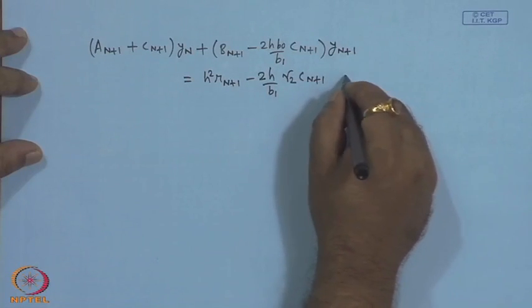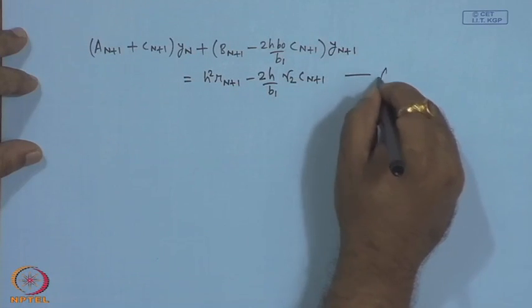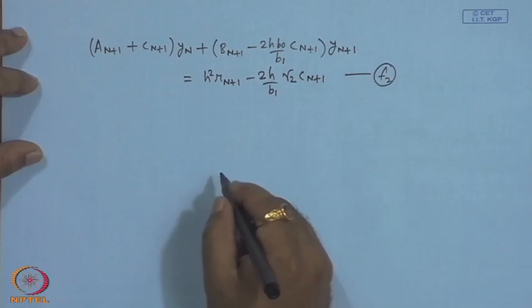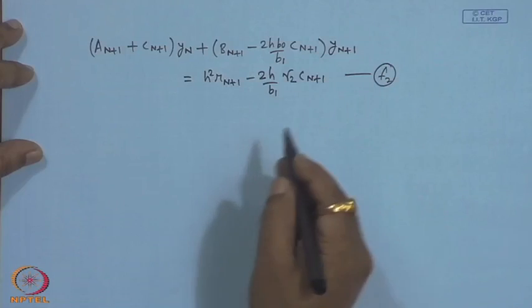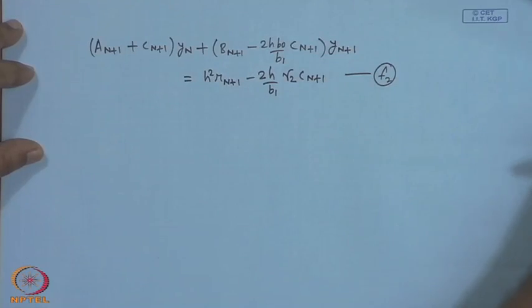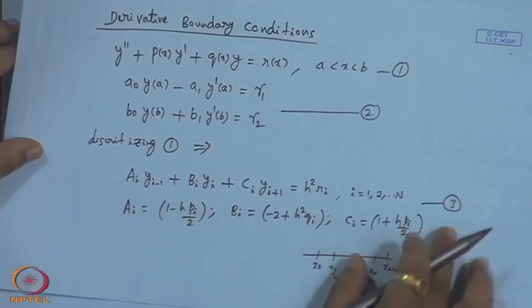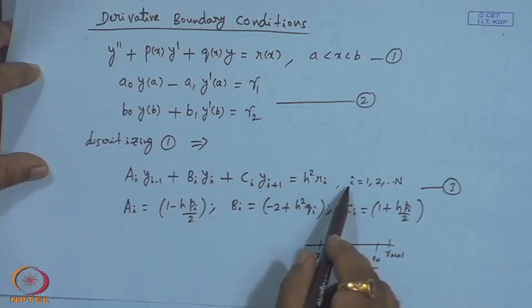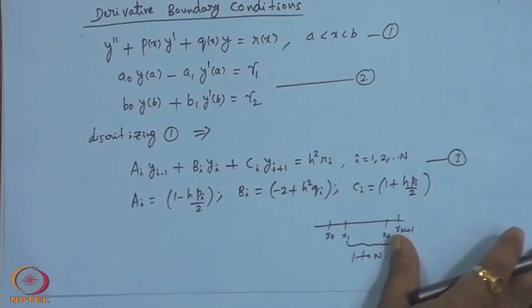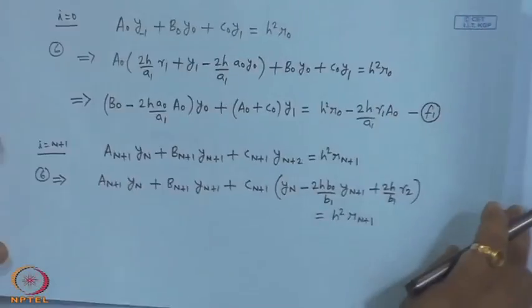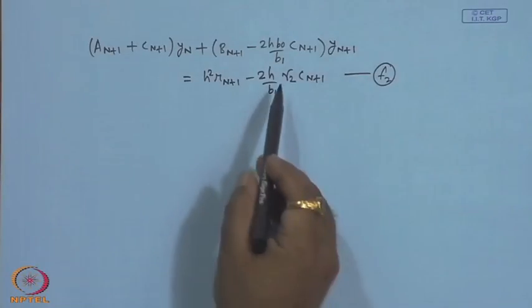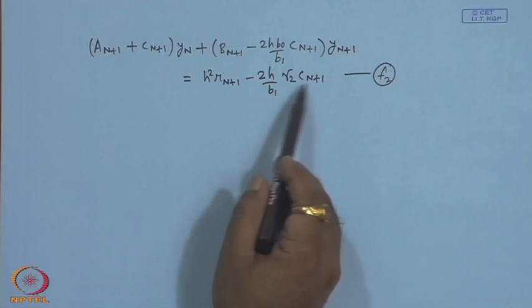So, this is F1 and F2. Now we have 3, which is the system, and we have this F1 and we have F2.